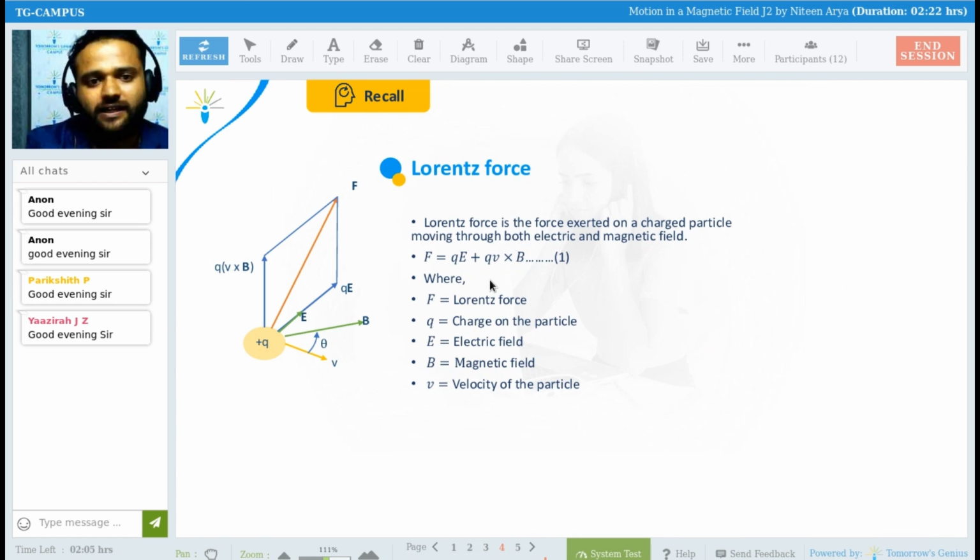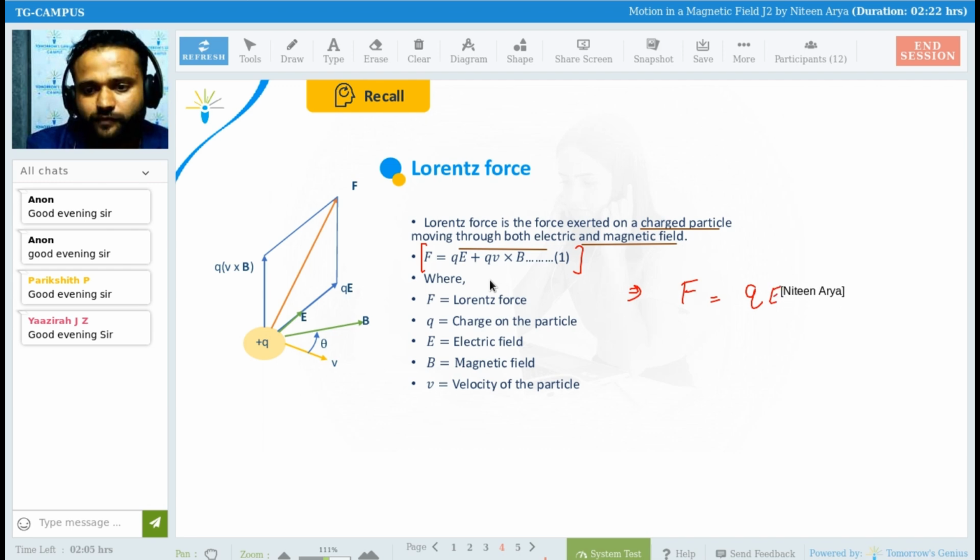As we know, in the previous class we discussed this thing, so I suppose you know Lorentz force. Lorentz force is the force exerted on a charged particle moving through both electric and magnetic field. That is the total force. This total force F equals QE plus QV cross B. Simply Lorentz force, you can write it down.